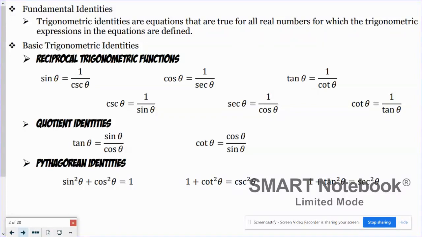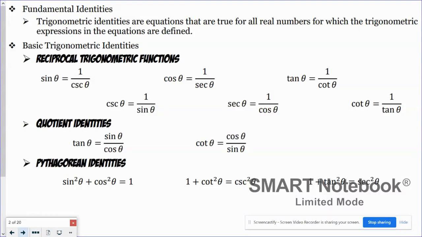Well, some of them we already know. Like we know the reciprocal trig functions, that sine is 1 over cosecant and cosecant is 1 over sine. And we know that cosine and secant are reciprocal functions, and tangent and cotangent are as well. Furthermore, tangent is sine divided by cosine, which means cotangent is cosine divided by sine.